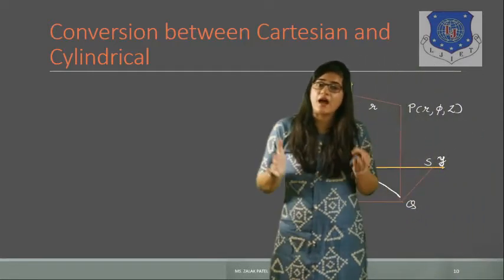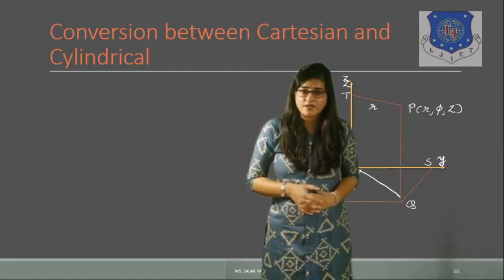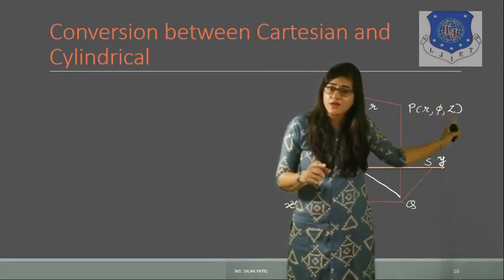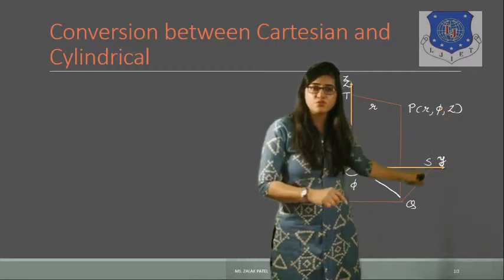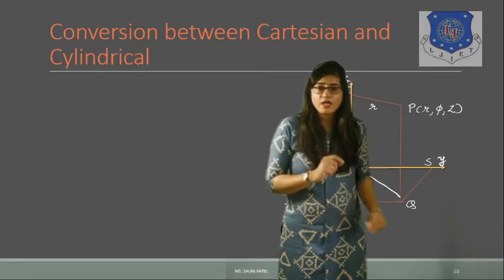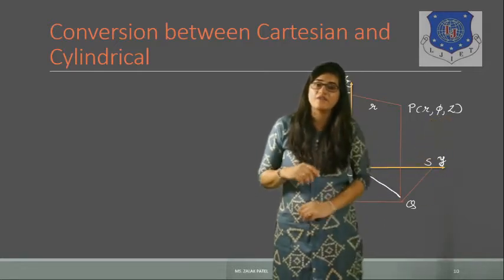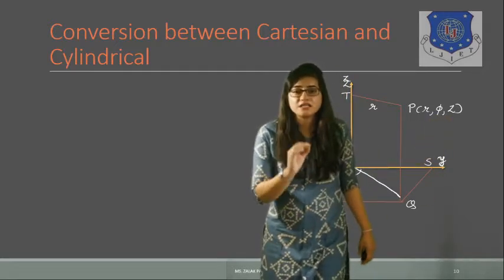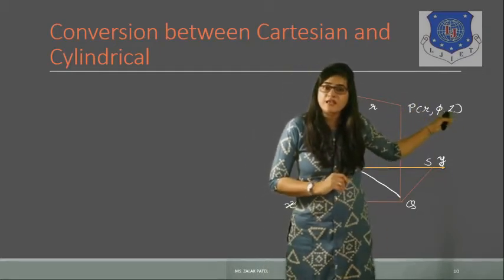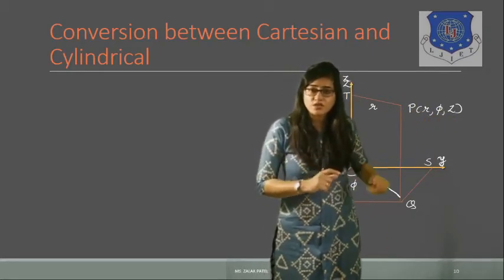So we relate the Cartesian and cylindrical coordinate systems. Here I put the point P in a cylindrical coordinate system with reference to the Cartesian axes xyz. So over here you can see P (r, phi, z), a point in the cylindrical system. Here the cylinder is placed with r equal to constant.